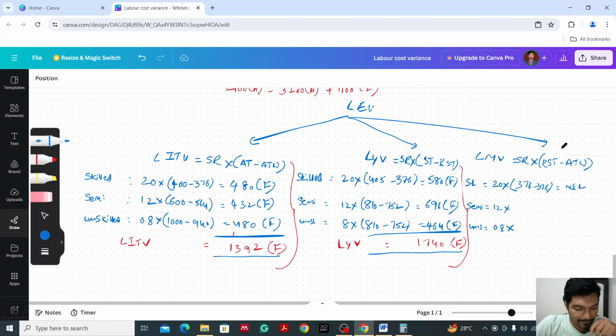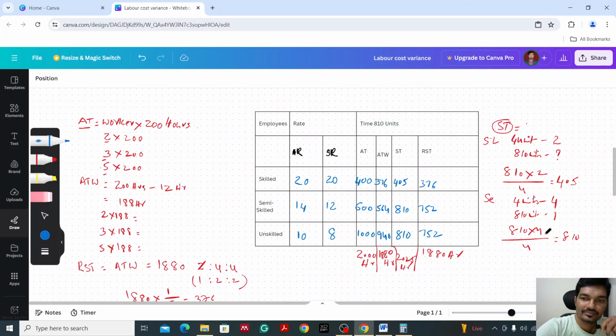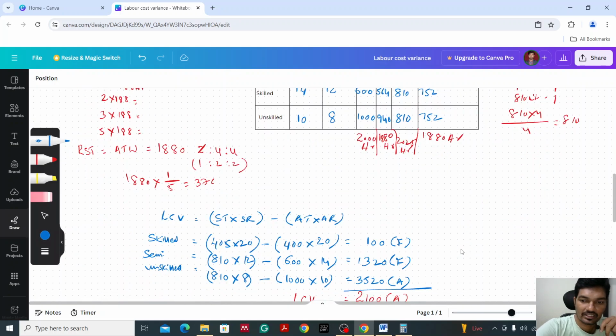And here 752 minus 564, and we are getting a positive value of 2256, a favorable value. And here 752 minus 940 actual time worked. Unskilled actual time worked is 940.